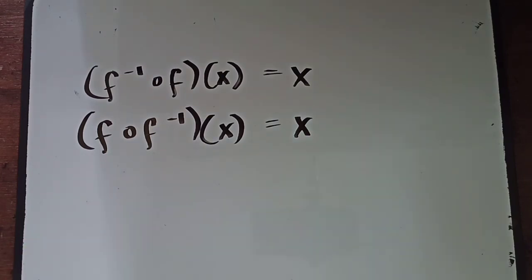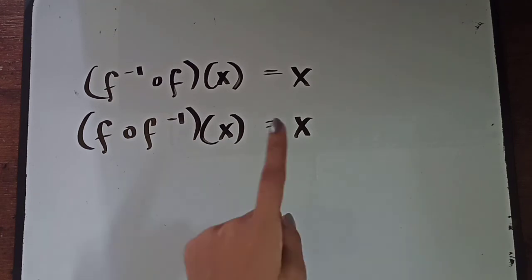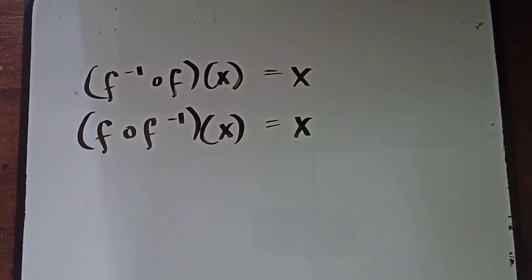So again, para malaman natin kung ang dalawang functions ba are inverses of each other, gamitin natin ang composition of function, at kapag ginamitan ang composition of function at ang naging sagot ay x lang, so that is the proof that the two functions are inverses of each other.